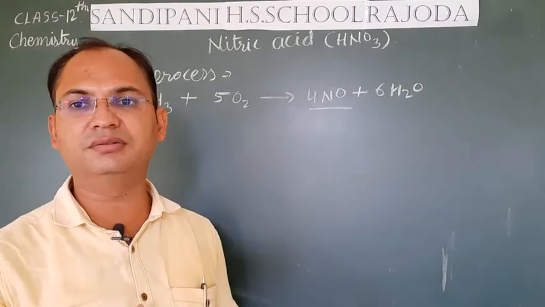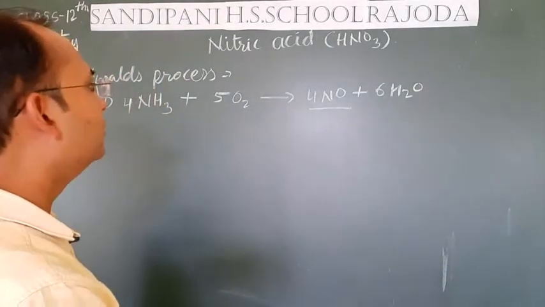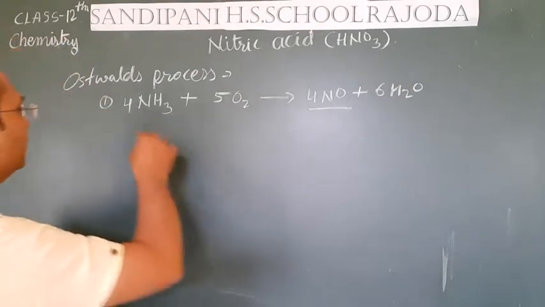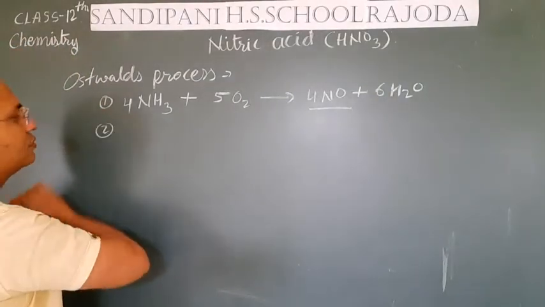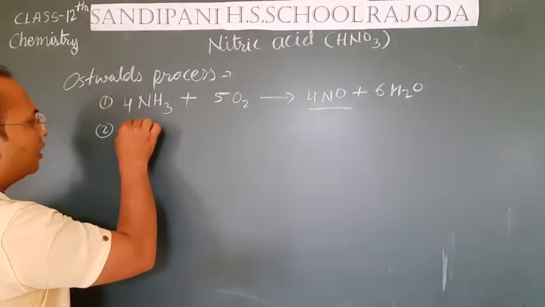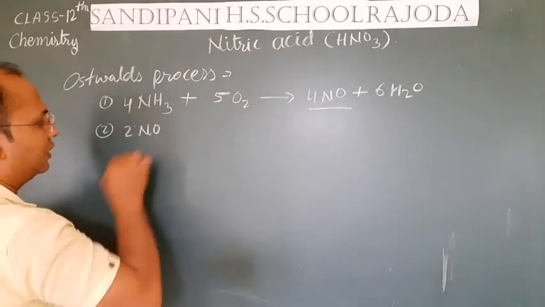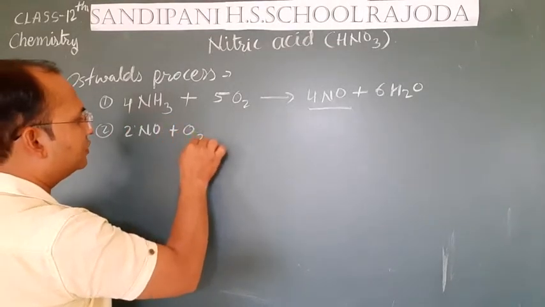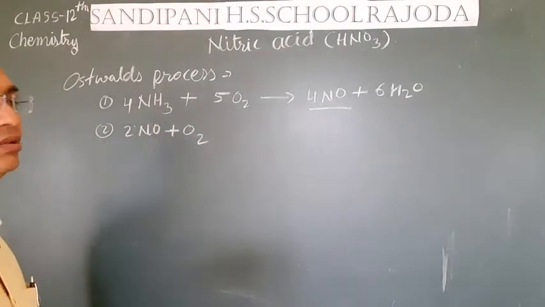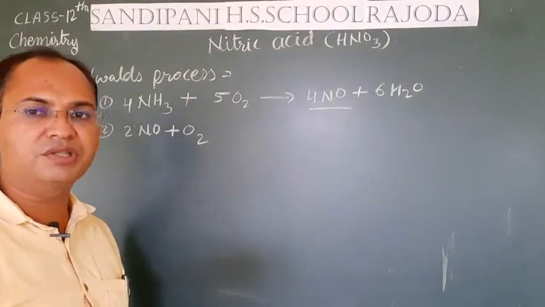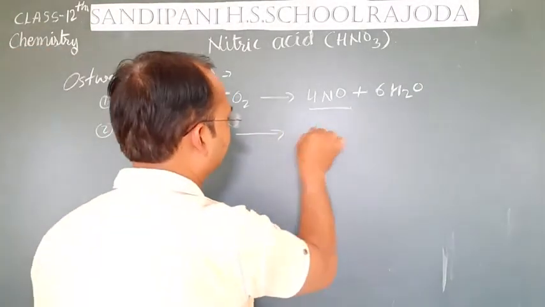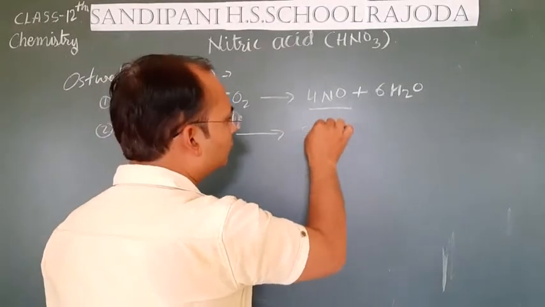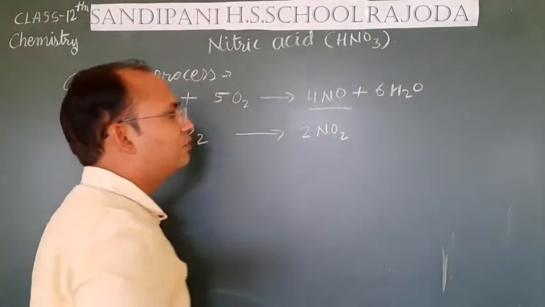Now you can see here that we obtained nitrogen oxide NO that we used in the arc method for preparation of nitric acid. So here the second step, in which 2 molecules of nitrogen oxide combine with oxygen again, that means oxidation takes place and formation of nitrogen dioxide takes place, that is 2 molecules of NO2 are formed.